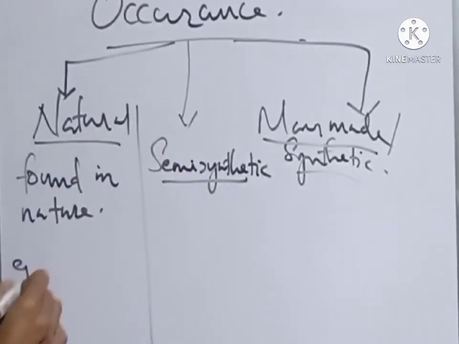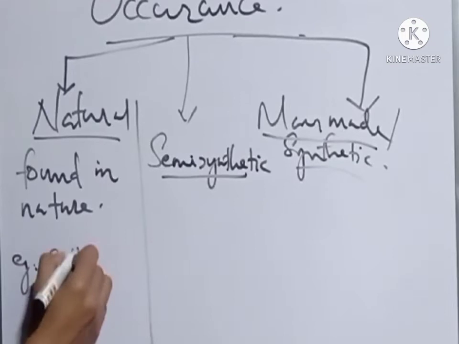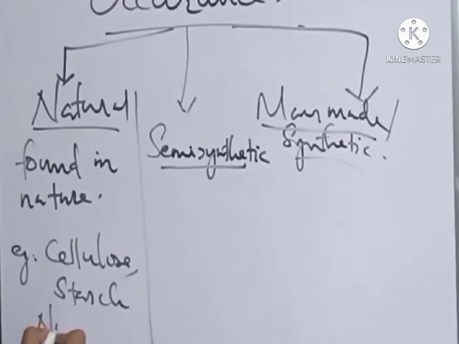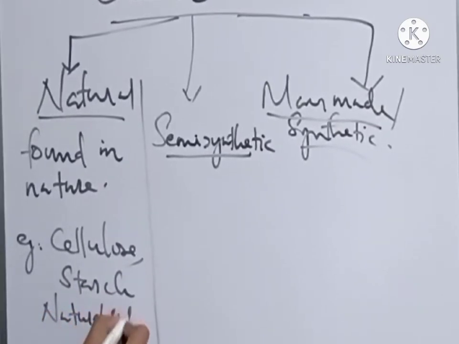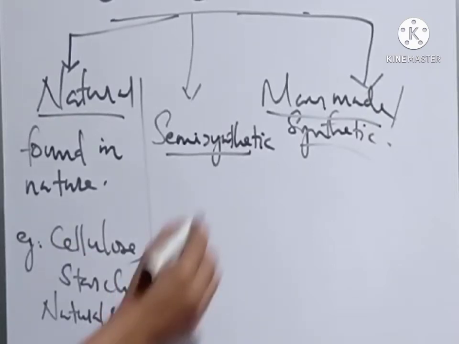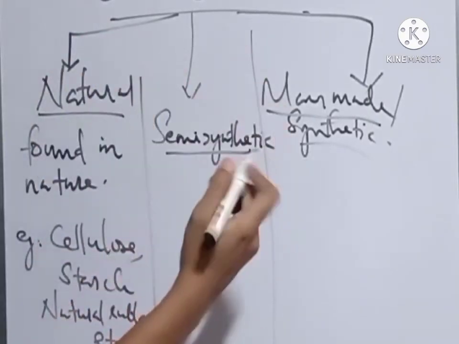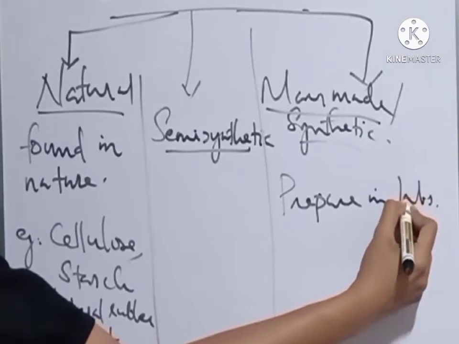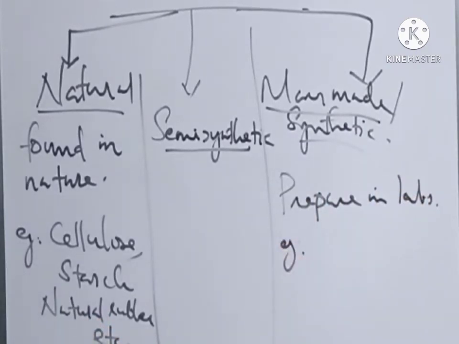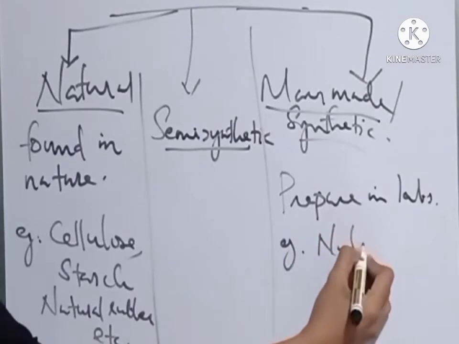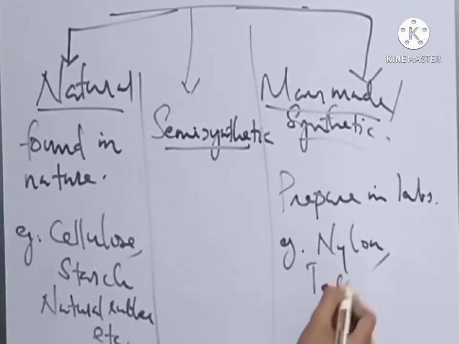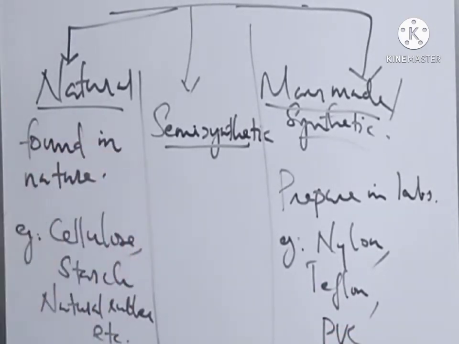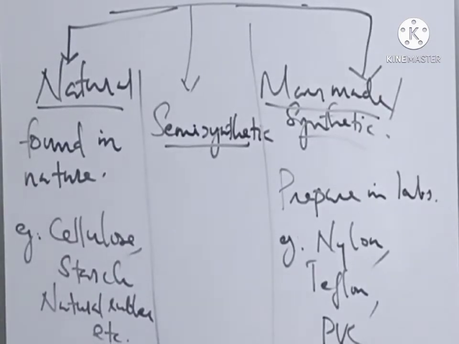Examples are cellulose, starch, natural rubber, etc. Then, synthetic polymers or man-made polymers are prepared in the lab. For example, nylon, Teflon, PVC, etc.